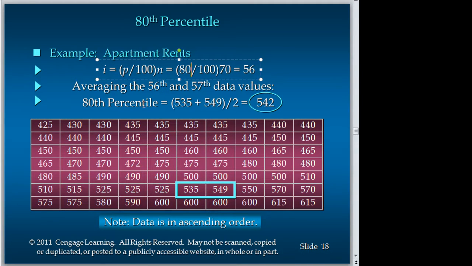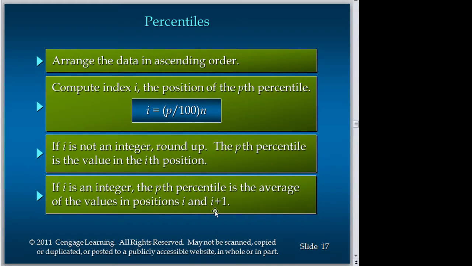So if you want to know the 80th percentile value, not only do you take the 56th data point, which is going to be this data point, 535, but also you do i plus 1. Remember it says i's position and i plus 1.